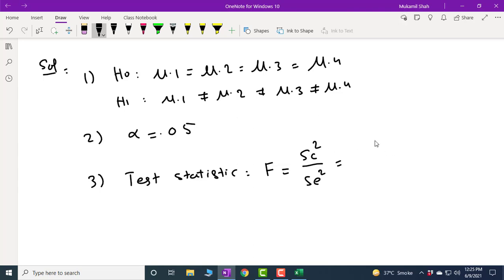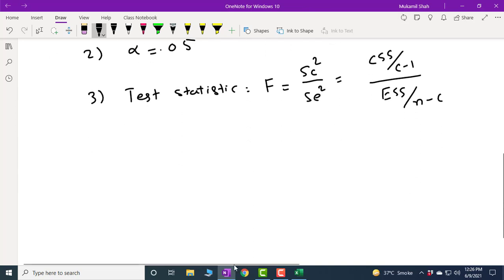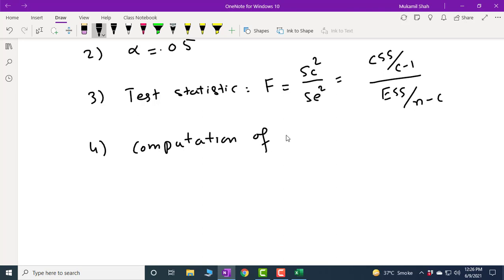Variance of the column is given by column sum of square divided by column degree of freedom, and error sum of square divided by the degree of freedom of the error. The fourth step contains computation of the test statistic, computation of F.